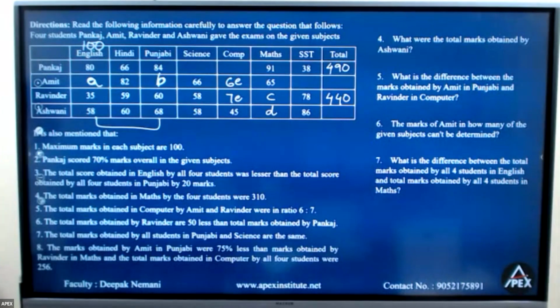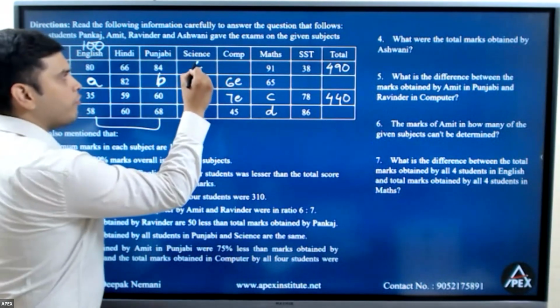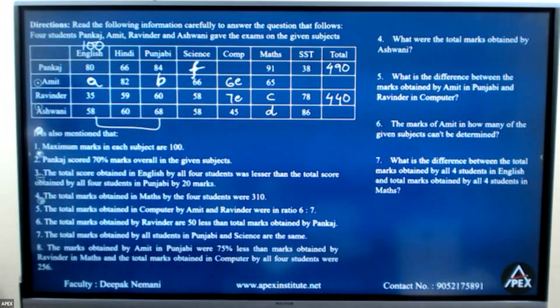The total marks obtained by all students in Punjabi and Science are the same. Now let this be F. The marks obtained by Amit in Punjabi were 75% less than the marks obtained by Ravinder in maths. Amit in Punjabi, Ravinder in maths.